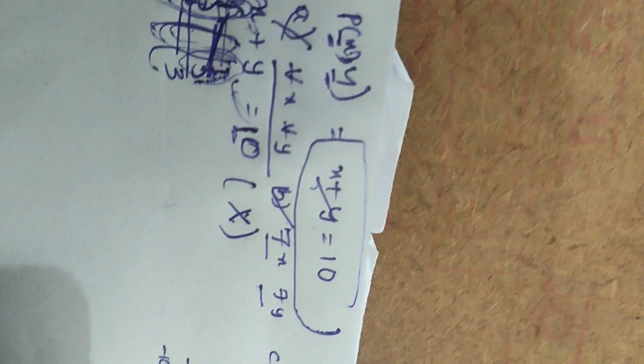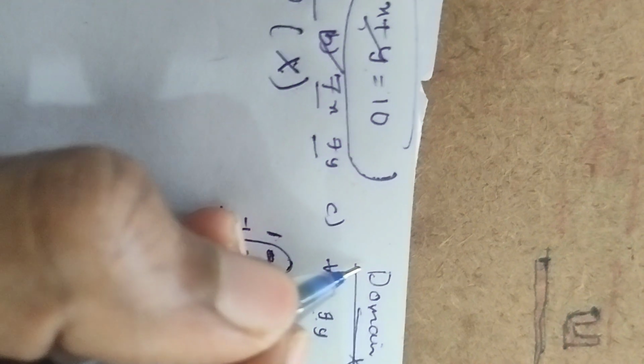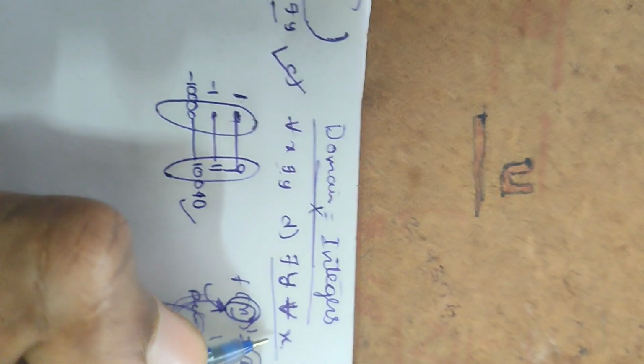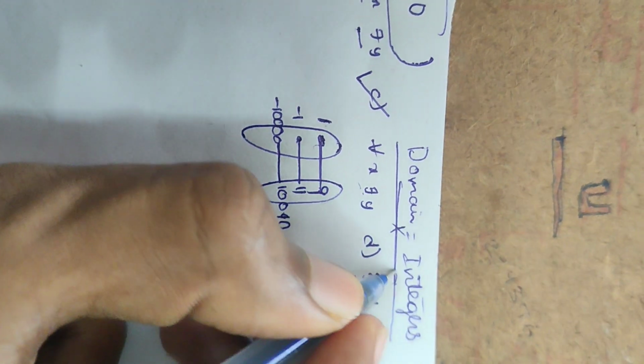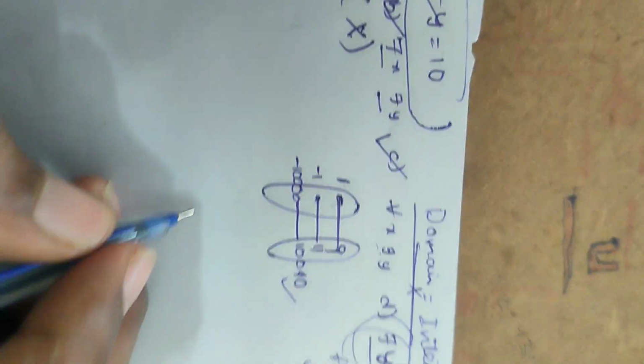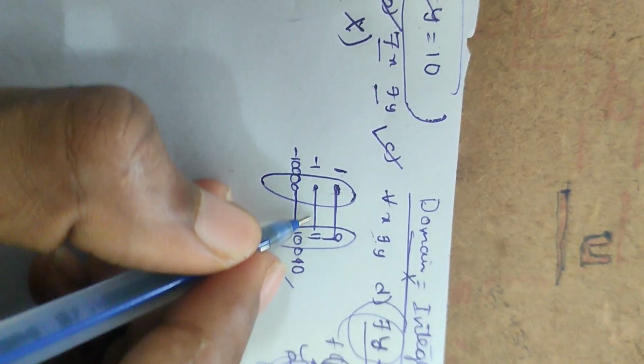Okay. So this is the one for all y. Means there exists a y for all x. For all x, there exists a y.